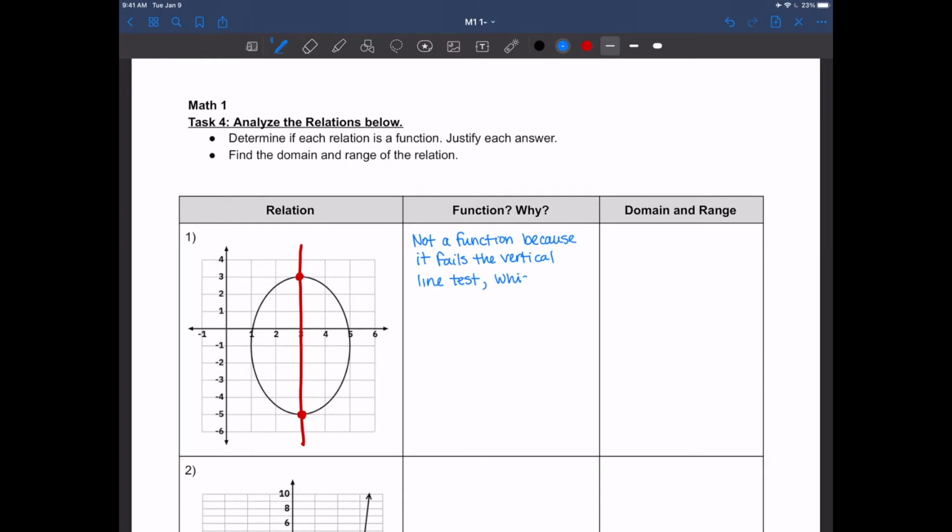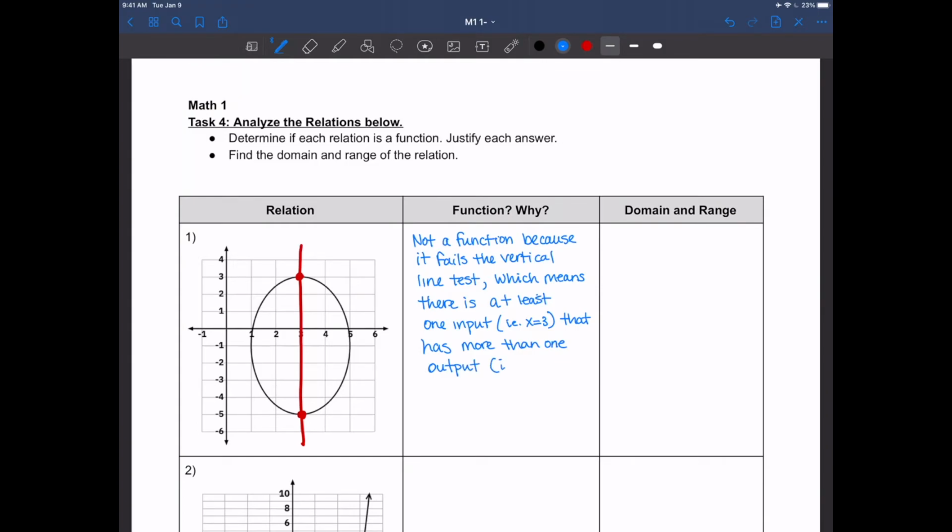Which means there is at least one input, for example x equals 3, that has more than one output.